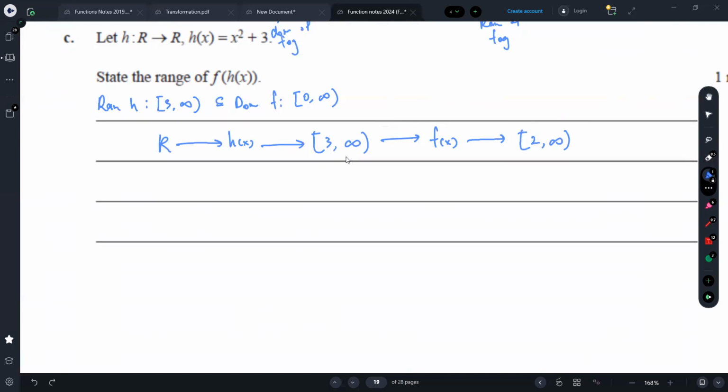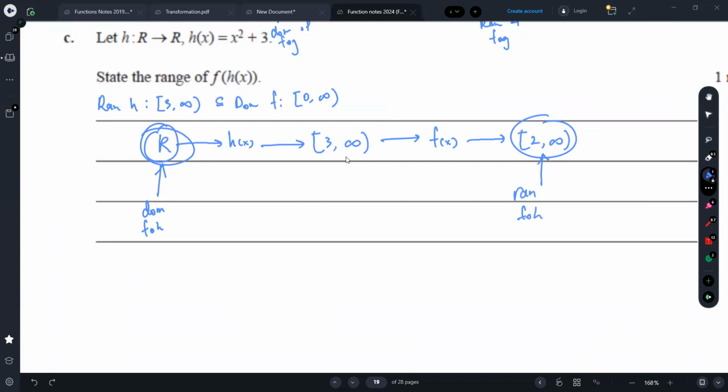Yeah, we just traced it out through the flowchart. And that would tell us this is the domain of f of h. This is the range of f of h. Simply because that's what you're putting in initially, and that's what's come out finally.